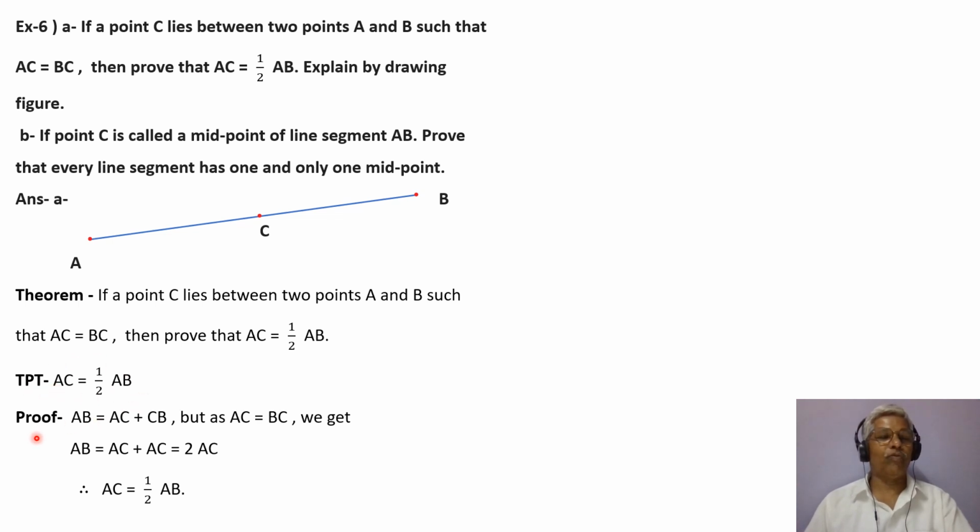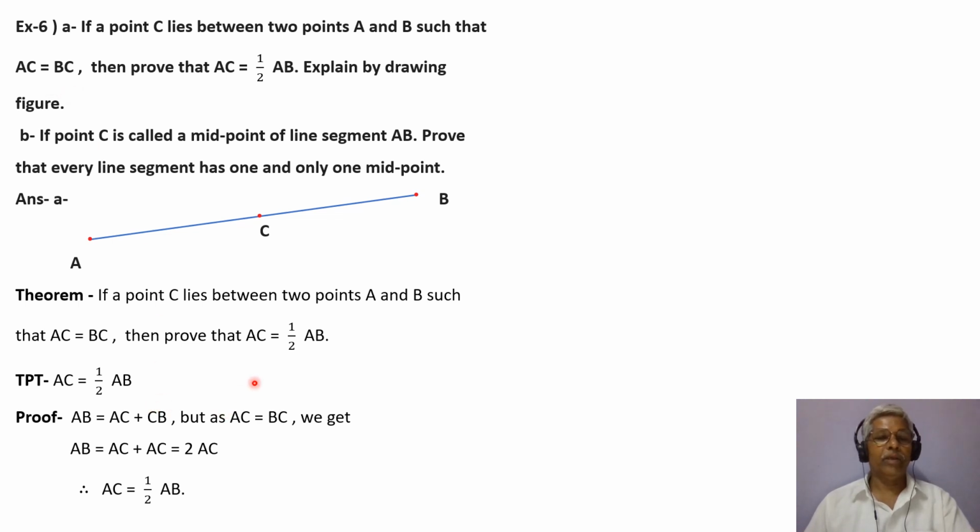Now proof. AB equals AC plus CB, CB or BC. But AC equals BC, that's the condition given here.